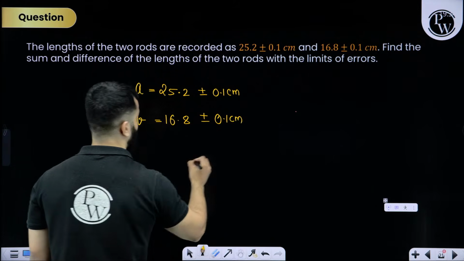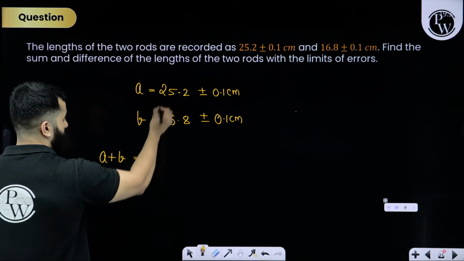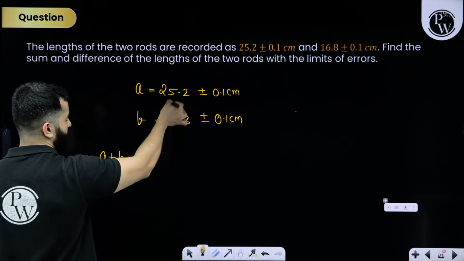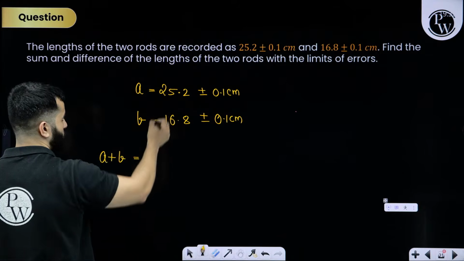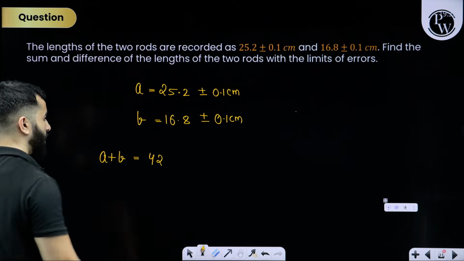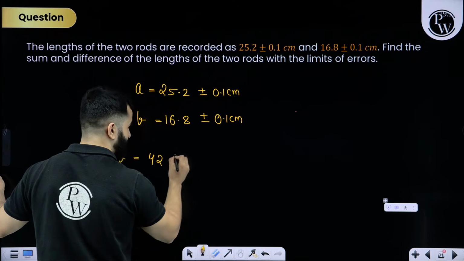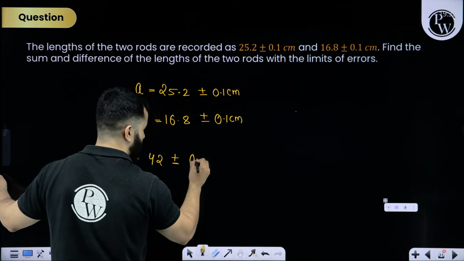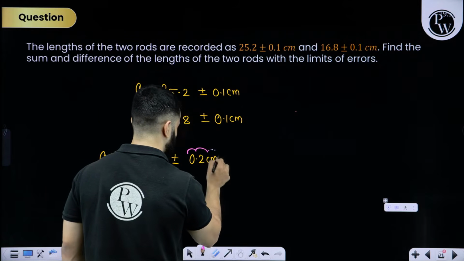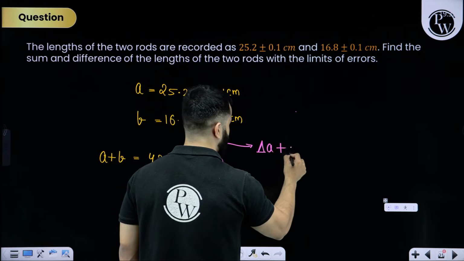So what we are trying to say is that when you write A plus B, add them, this will become 42. Clear? This will become 42. And errors are always going to be added, but we write it with a plus minus sign. So 0.1 and 0.1 will become 0.2 centimeter. So this thing is actually known as delta A plus delta B.